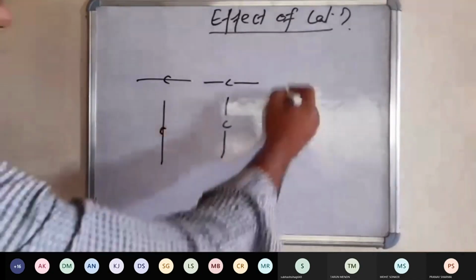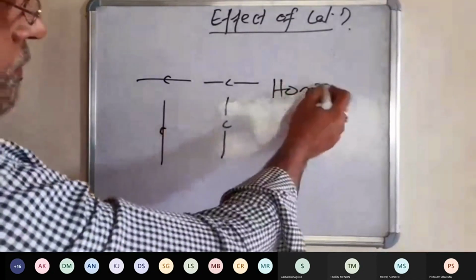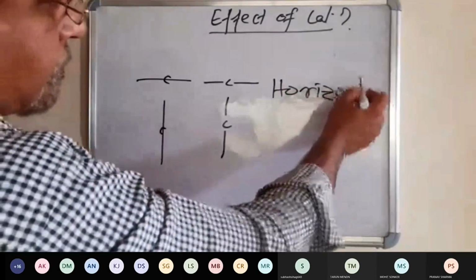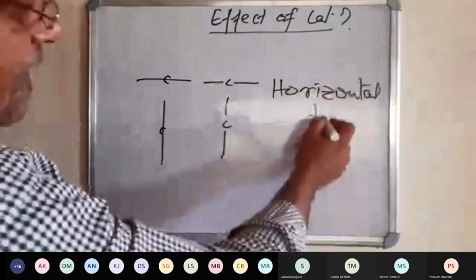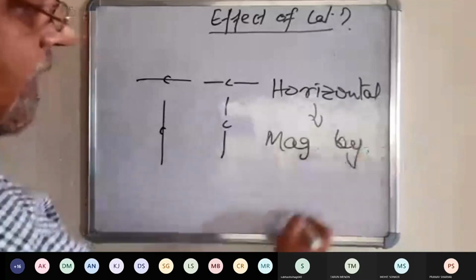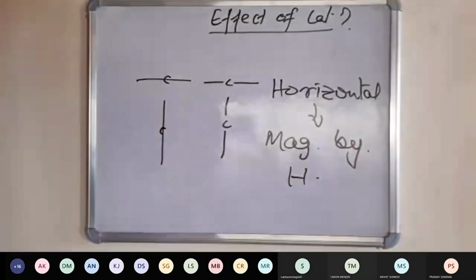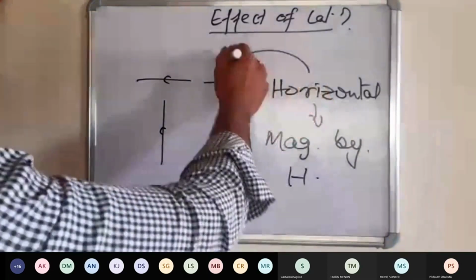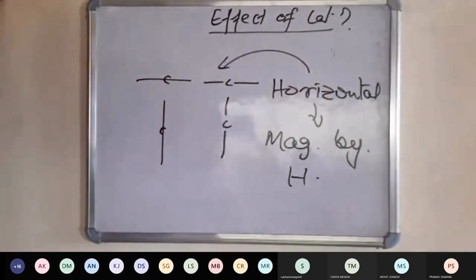In each case, they are horizontal. That means they are magnetized by H. All these rods will be magnetized by the H component of the magnetic field of the earth, correct? Yes.